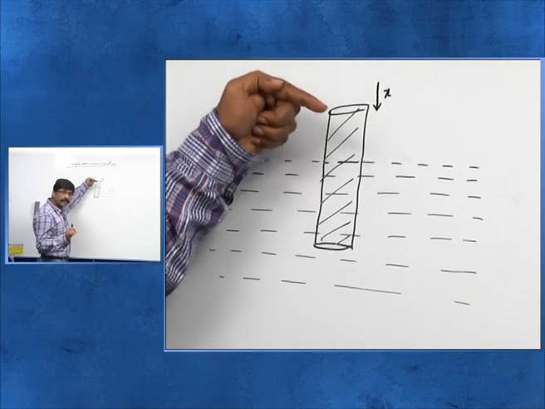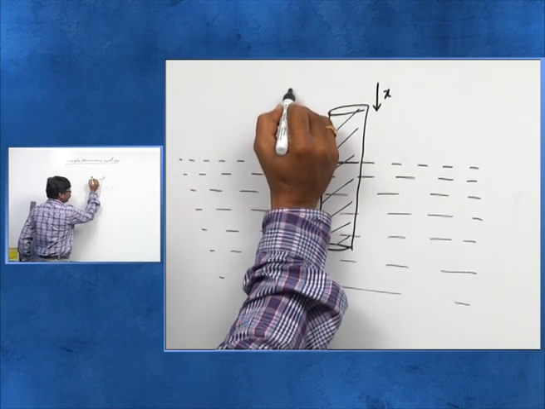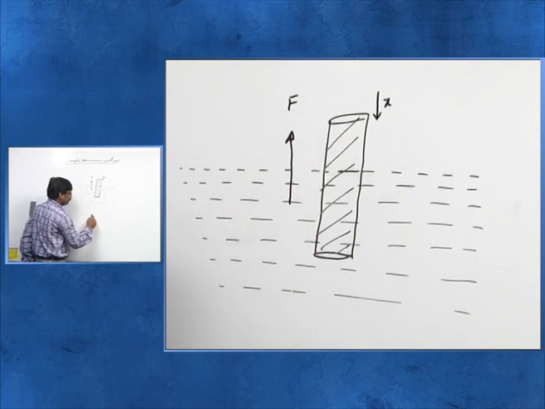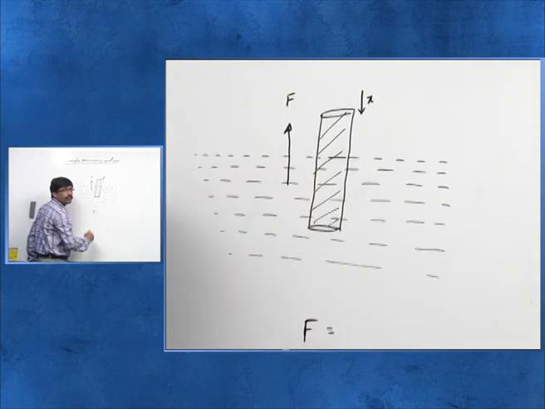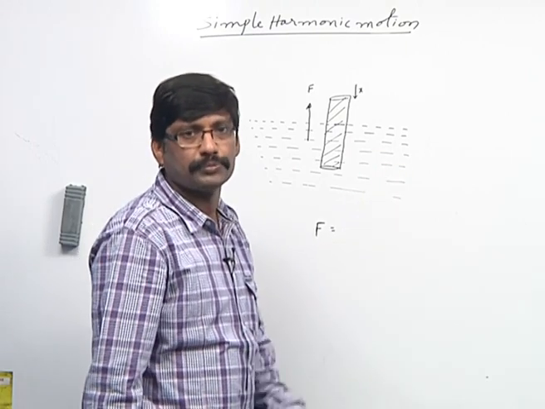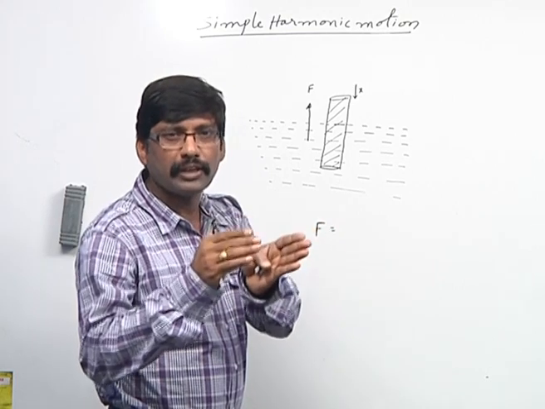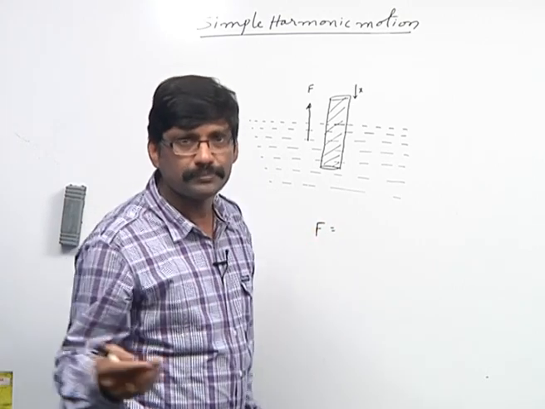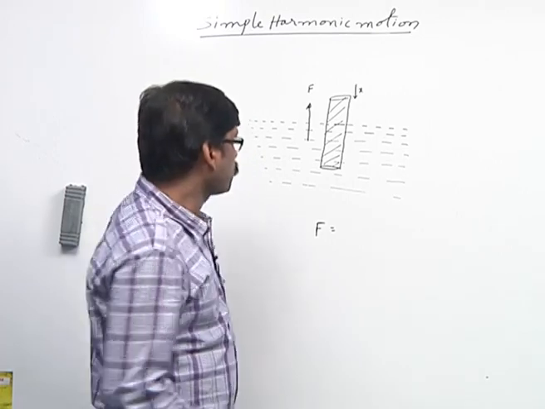When you compress by x, the restoring force developed is F. Then how do you calculate this restoring force? You have to go back to Archimedes' principle: upthrust is equal to the weight of the liquid displaced by the body.